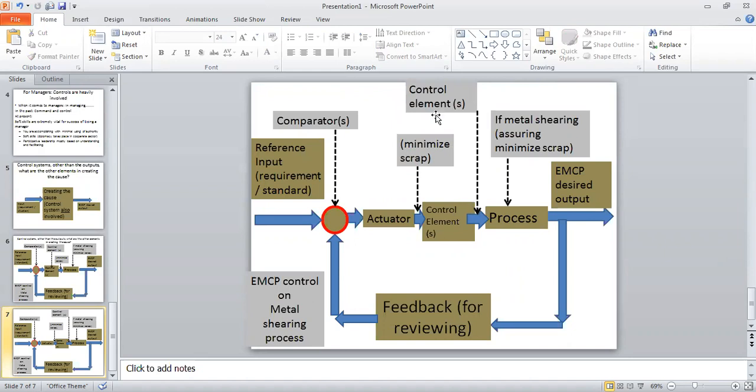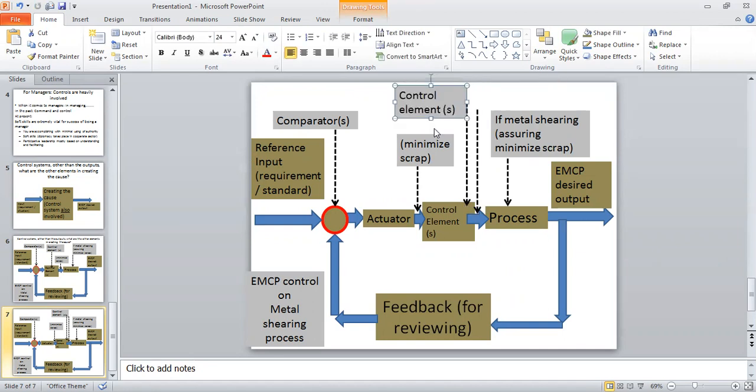So here, this control elements, and here probably the instructions, how this can be done. So how, so you can import this, because this is for how.